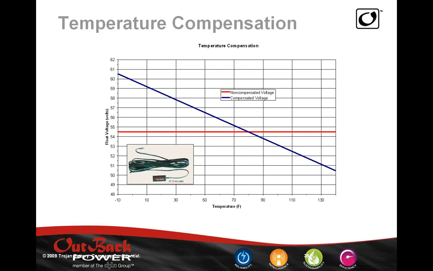And the opposite happens in hot environments. The voltage response of the battery depresses, it gets a little lower. And so to adjust for that behavior, we have this remote temperature sensor that will essentially listen to the battery's temperature and adjust the voltage parameters accordingly.